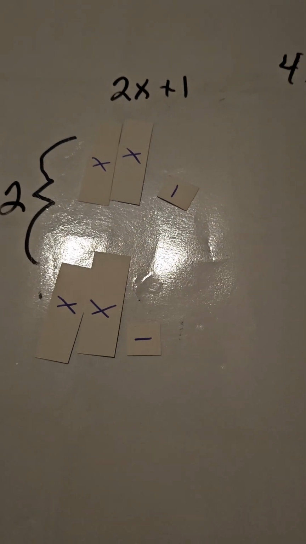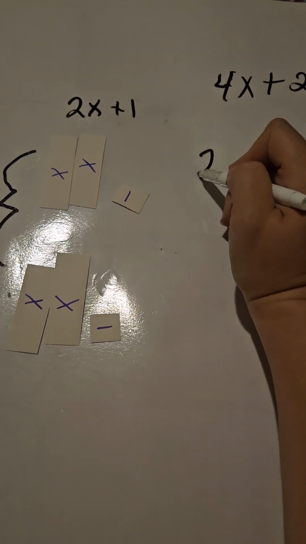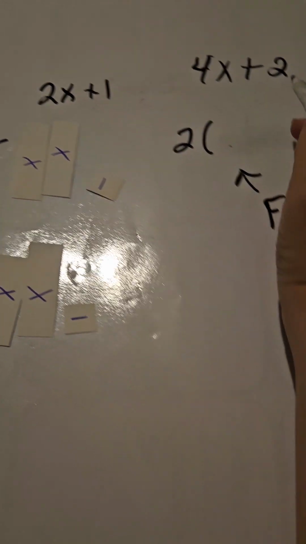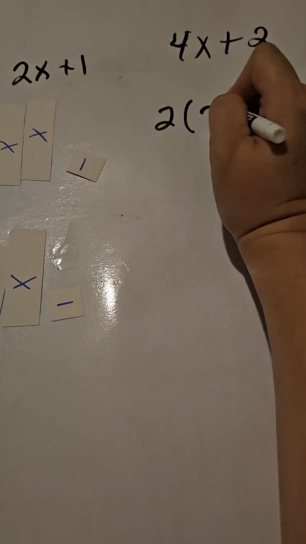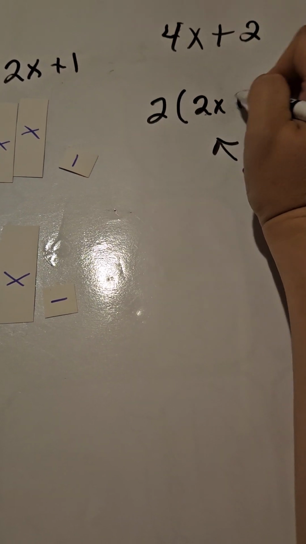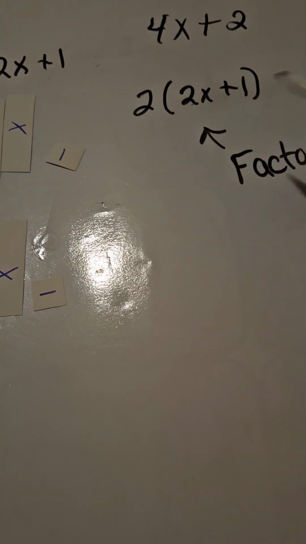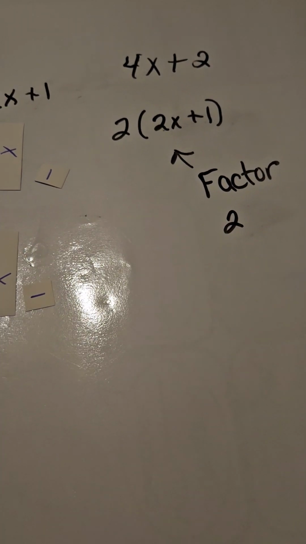So whenever I write my factored expression, my number of rows goes first, so that's 2. And then what is in each row goes inside the parentheses. So my factor is what's outside. The number of rows is 2.